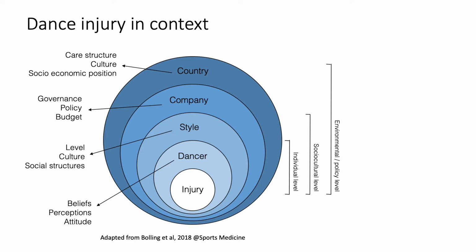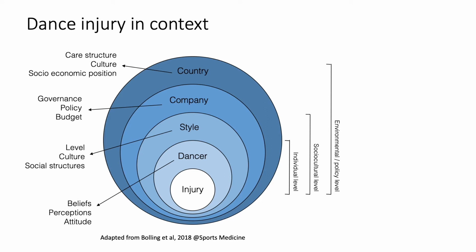In the dance style, you can imagine the culture behind different dance styles, like classical ballet and contemporary dance. Company, you can imagine company budget or how you organize your season. So that would in some way change the way that we are thinking about the injury, not just that dancer and injury, but also this broad concept of everything that is around the dancer.